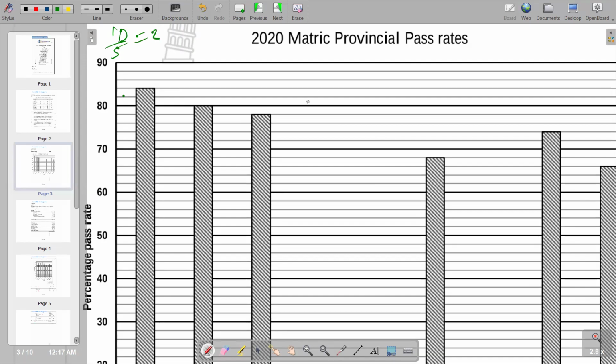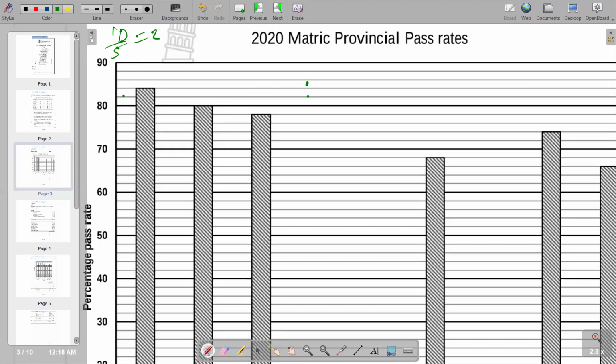So from 80 we go to 82, 84, then between the second and third one, that's where we're going to have our 85. So your 85 is here. We are going to draw our bar ending on this point, in the middle of the second and the third horizontal line.